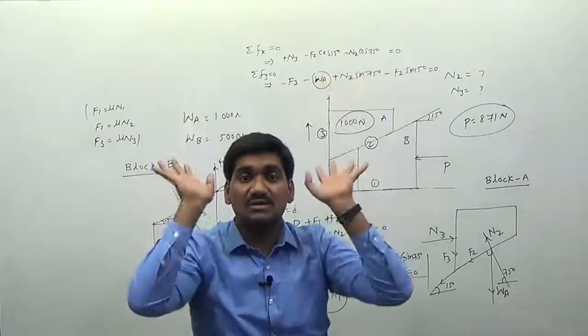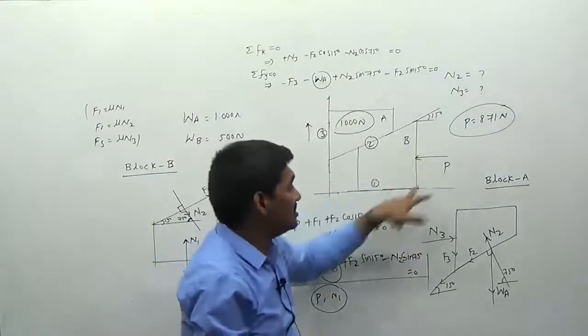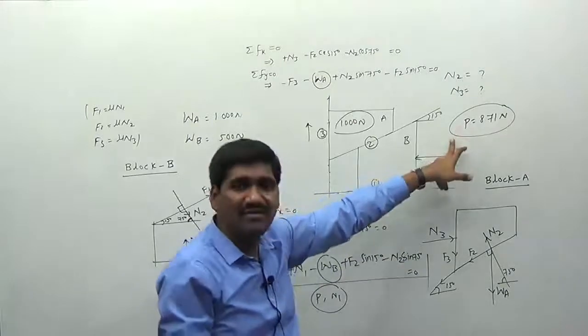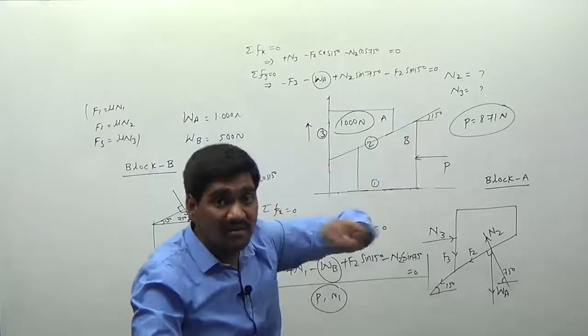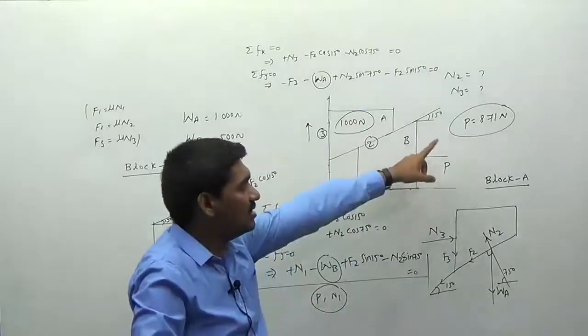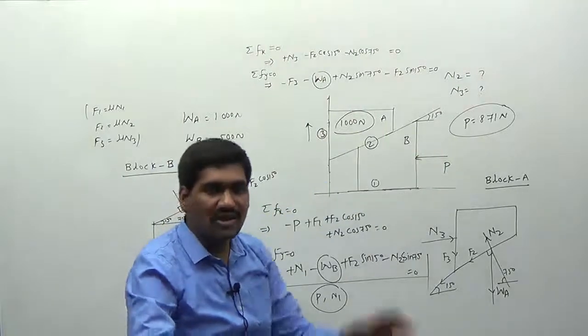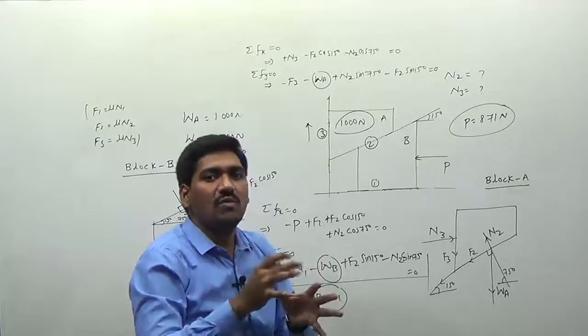Are you following? That means we have to apply more force, but if you observe carefully, by using this wedge, we are applying only 871 newtons. Therefore, what is the amount we are reducing? The minimum effort we are reducing is nothing but 1000 minus 871. Approximately we will be getting 129 newtons. So we are just saving that much amount of effort, nothing but 129 newtons.